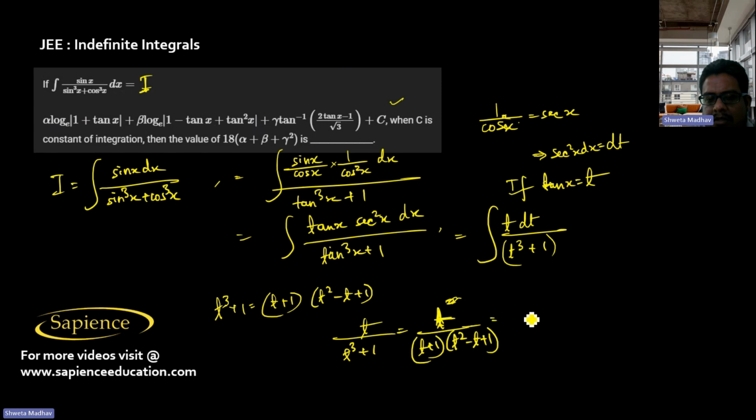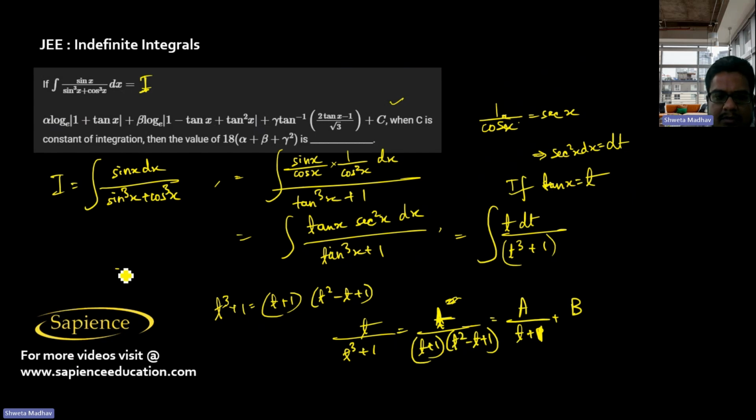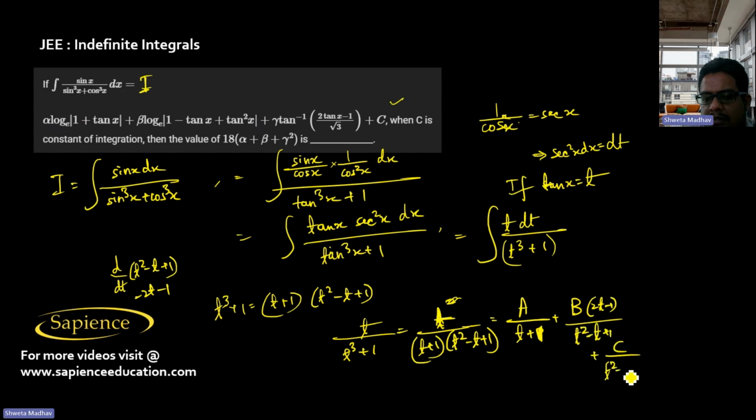And then this will be equal to a by t plus 1, plus b into the derivative of t square minus t plus 1, that is 2t minus 1, so b into 2t minus 1 by t square minus t plus 1, plus c by t square minus t plus 1.